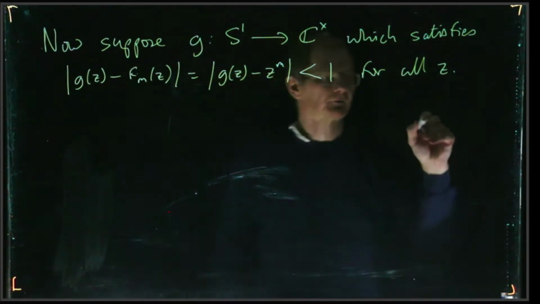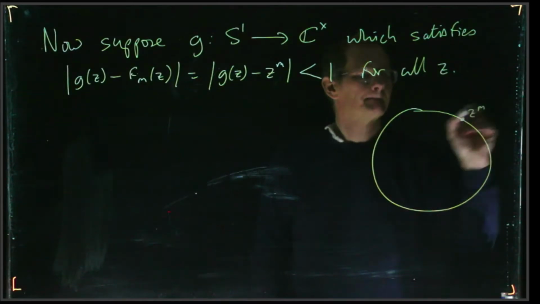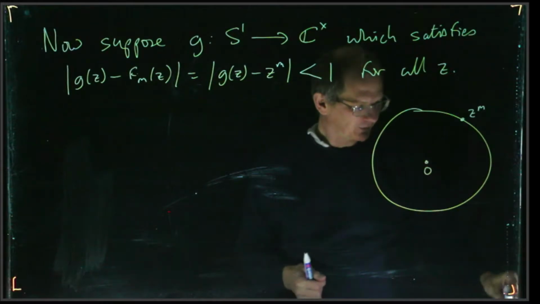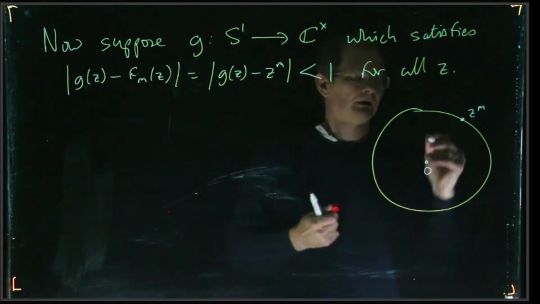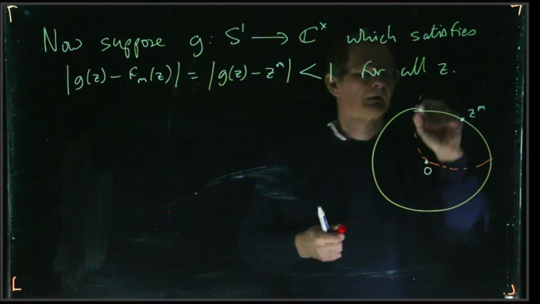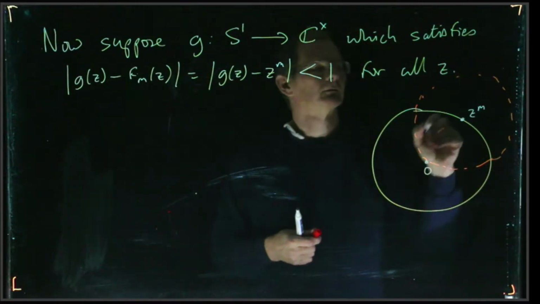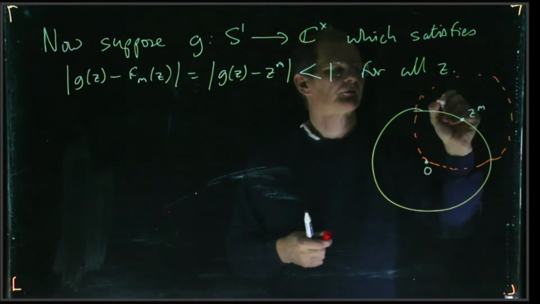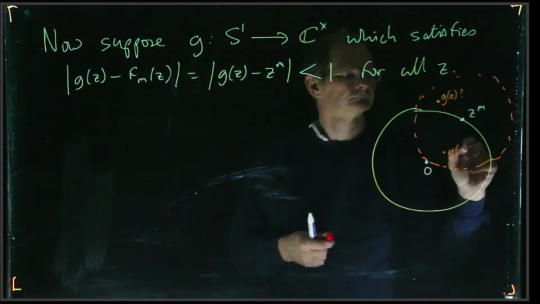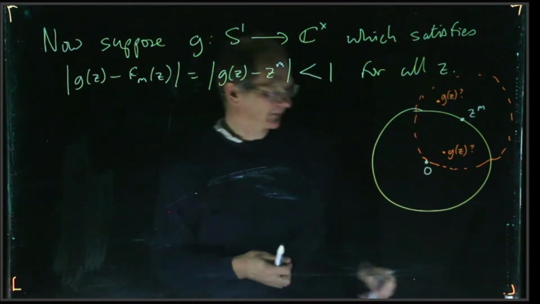So let's draw a picture maybe. Here's our z to the m. Here's 0. And we're assuming that we draw a circle of radius 1 around here. So our G of z is somewhere in here. You don't know exactly where it is, but it's within a distance strictly less than 1 of z to the m.